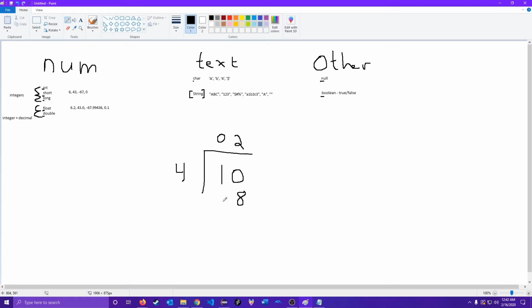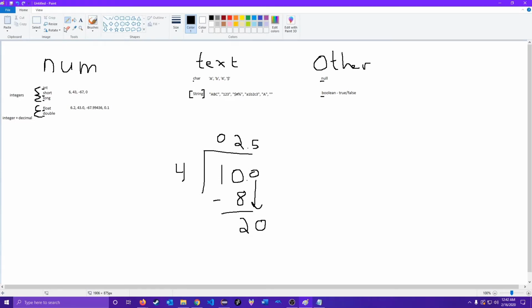We bring that down, subtract, and we get 2. Now normally, we would put a decimal point, put a 0, drop this down, and then 4 goes into 20 5 times. We put that decimal point, and our result, 10 divided by 4, is 2.5.